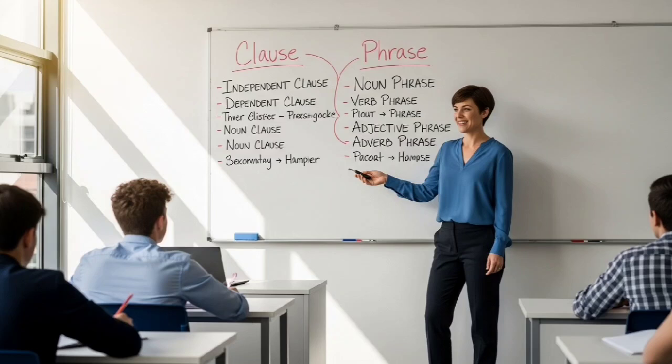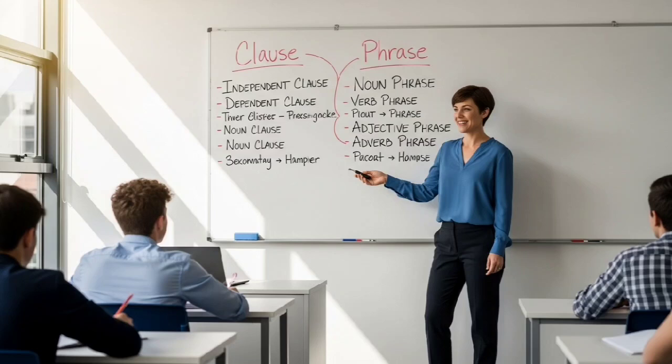Subject plus verb: phrases don't have a subject and verb, and clauses have these two terms. Complete thought: a phrase doesn't give a complete thought, and a clause sometimes gives a complete thought.